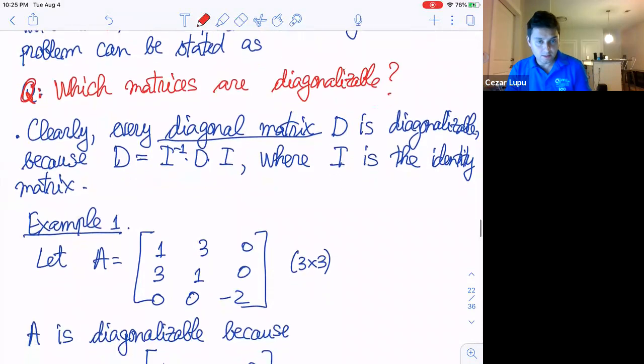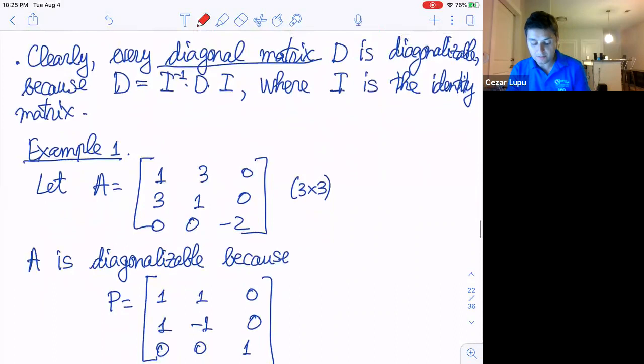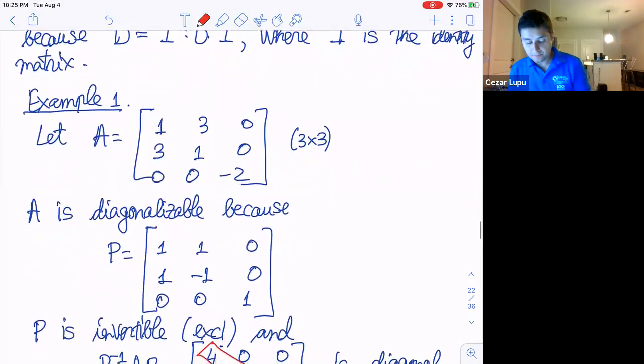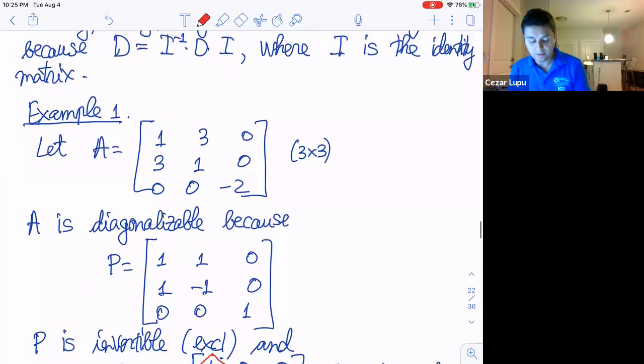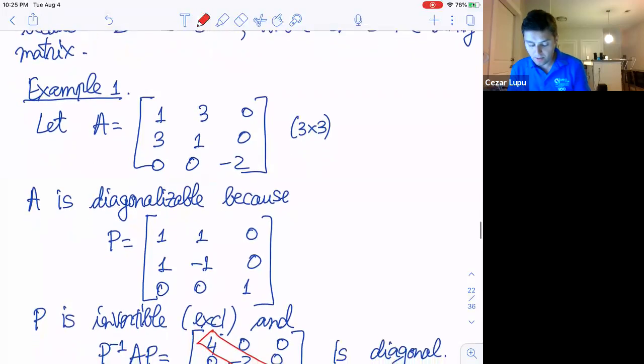And we say that A is diagonalizable because there exists this matrix P that we have previously seen. Of course, I'll leave it to you as an exercise to prove that this matrix P is invertible. You can just compute the determinant, and it's not hard to see that the determinant is non-zero.